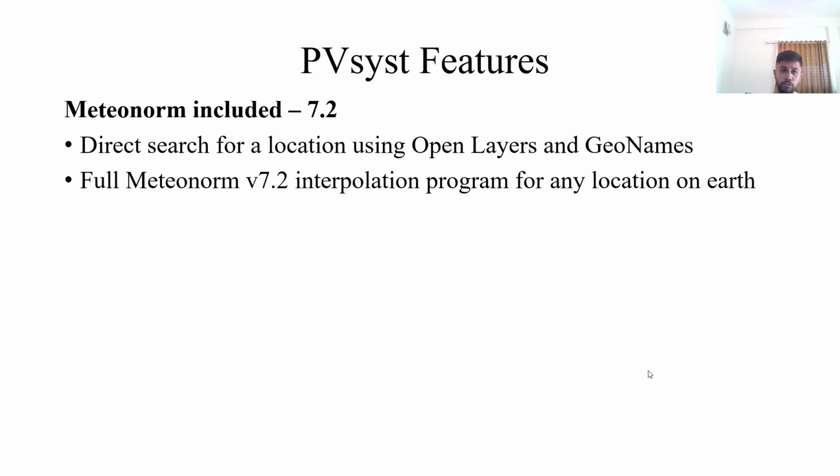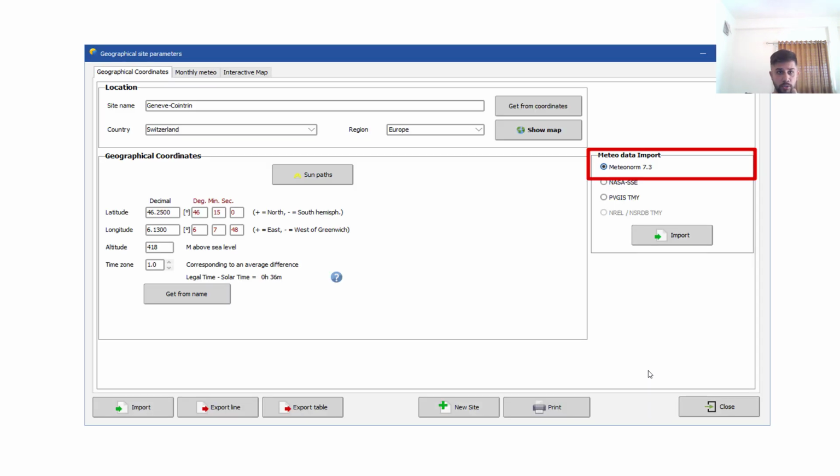You can also use meteorological data of NASA for simulation purposes for any location available on the earth. So this is how you can use your geographical coordinates. This is the basic available geographical network, and for your location, you can insert the latitude, longitude, altitude and time zone details here.